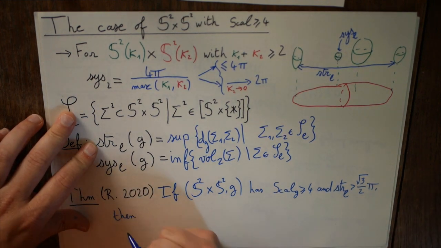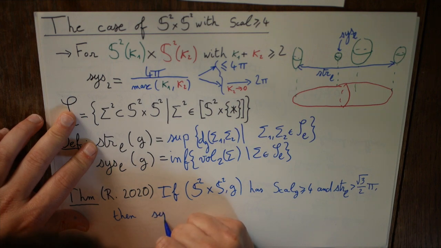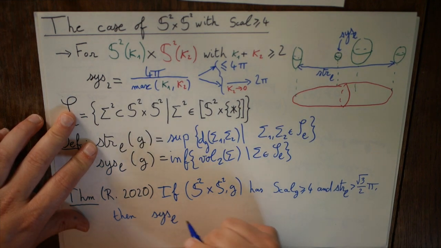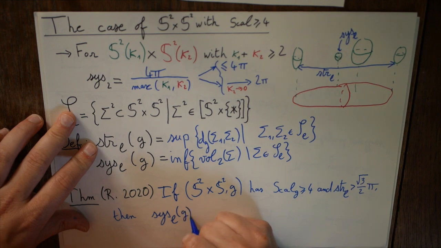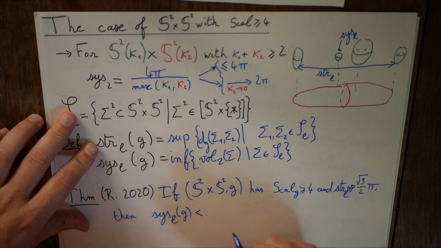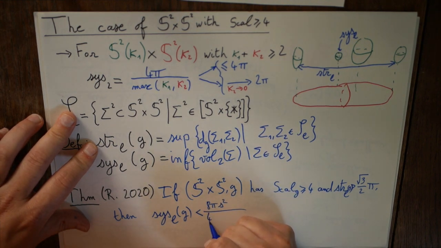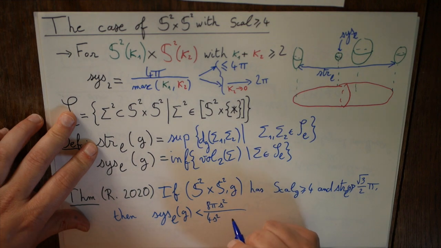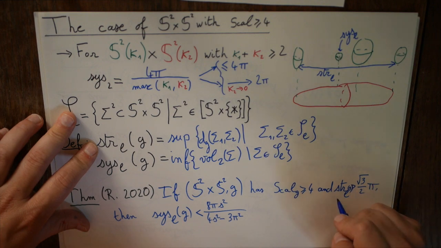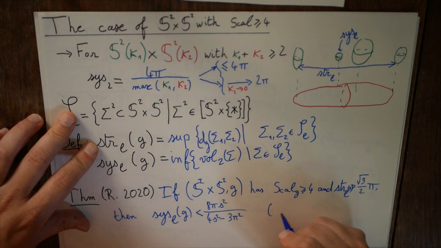Then the left systole of G will be controlled by the following constant: 8 pi s squared over 4 s squared minus 3 pi squared. And yeah, s is equal to the left stretch.